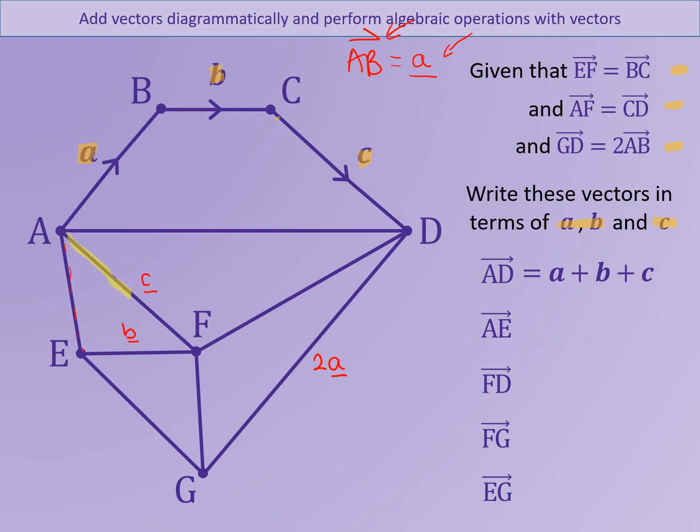A to E, we can use vector C and vector B. Now, one thing I haven't written on this diagram is the direction. When you are going along this first vector, it's in this direction, and this vector from E to F would be B. So we have to travel backwards along EF, and that's why we have minus B in this section here.